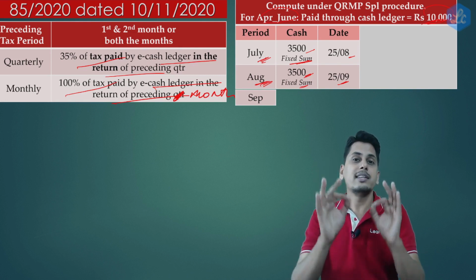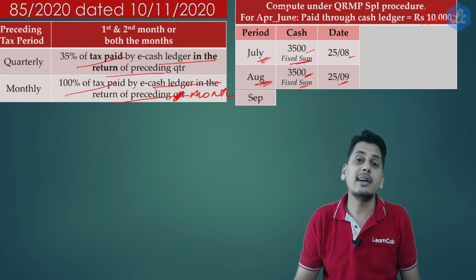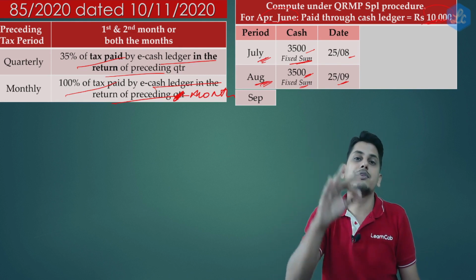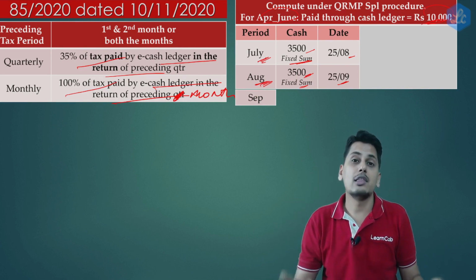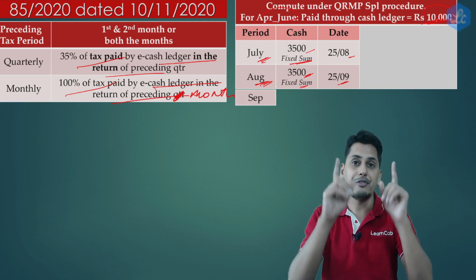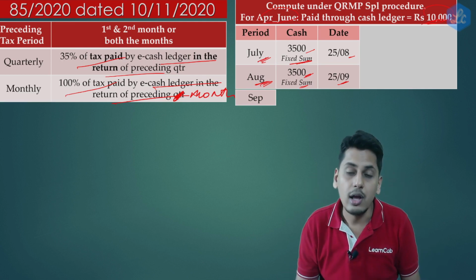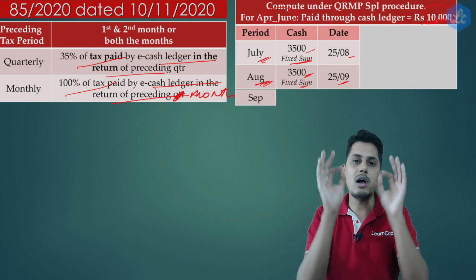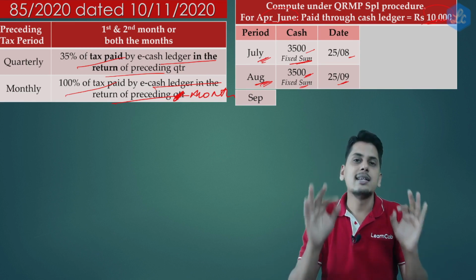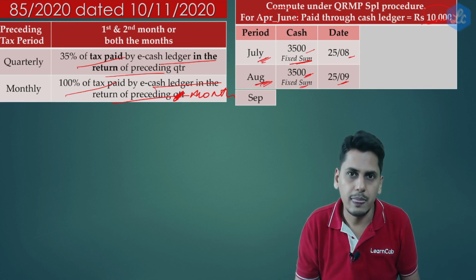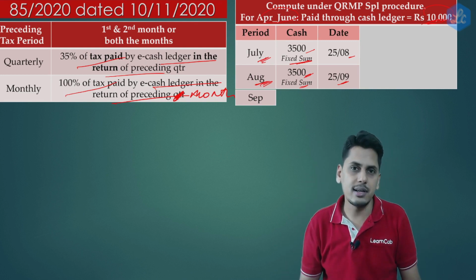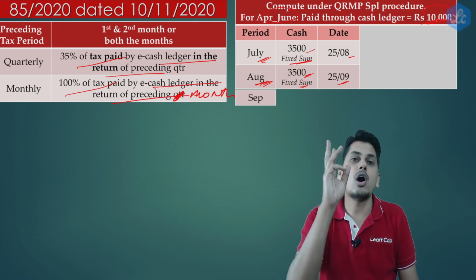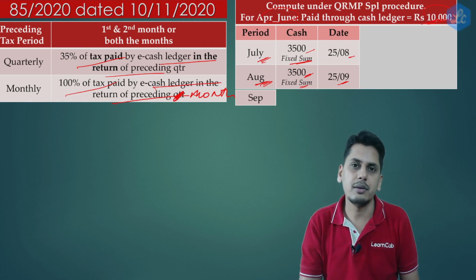So friends, please keep this in your mind that even under the special procedure fixed sum method which is being offered under the QRMP scheme, the fixed sum is applicable only for the first and second month of the quarter. For the third month of the quarter, it is always self-assessment method. First and second month, you have a choice to pay through fixed sum, but for the third month, it is always going to be self-assessment method.